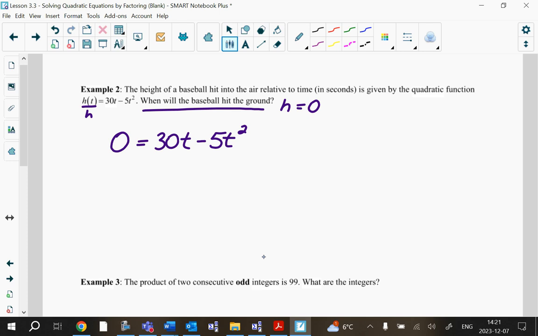Add 5. Yeah, you gotta add the whole thing. Okay. Yes. So what we could do is we could take actually both of these over. We take minus 5t squared over to the other side by adding 5t squared.